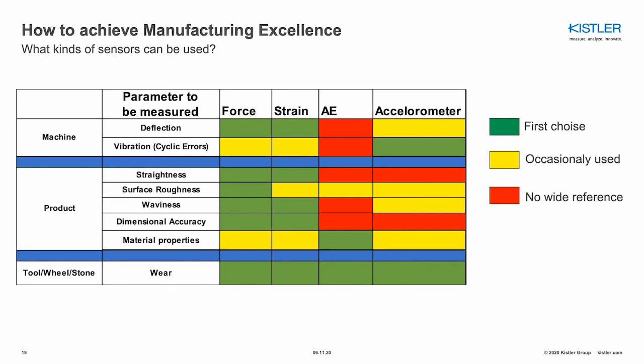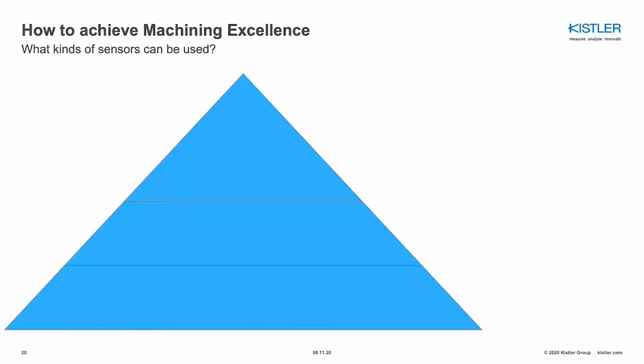And of course, in many cases, we build our monitoring system based on the tool or abrasive or stone wear, where you can pretty much utilize all those sensors. So you need to be able to know what you're really looking for. Also, always include the machine measurements offline and online. And we can support you with the know-how.